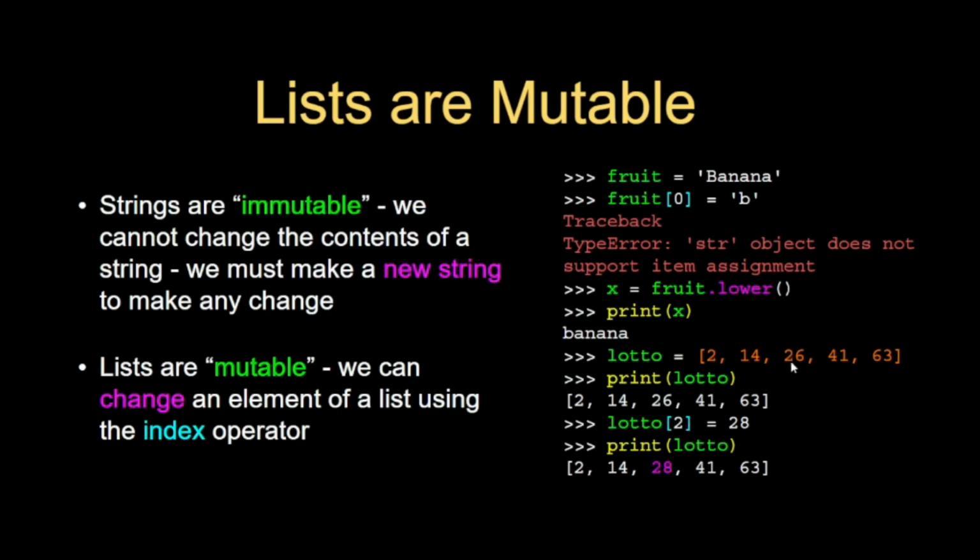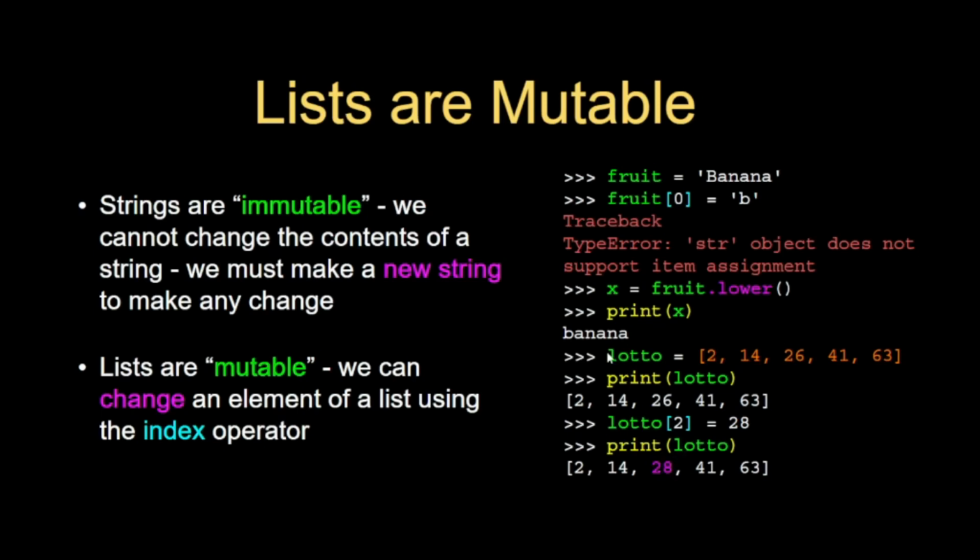The value at the second index in my list is 26, but I want to change that 26 to 28. I have written the code as lotto of index 2 equal to 28, and now if I print lotto, you can see simply that the list item has changed because lists are mutable. The value at index 2 in the list is now 28 instead of 26. So this is how we can change the values in a list.